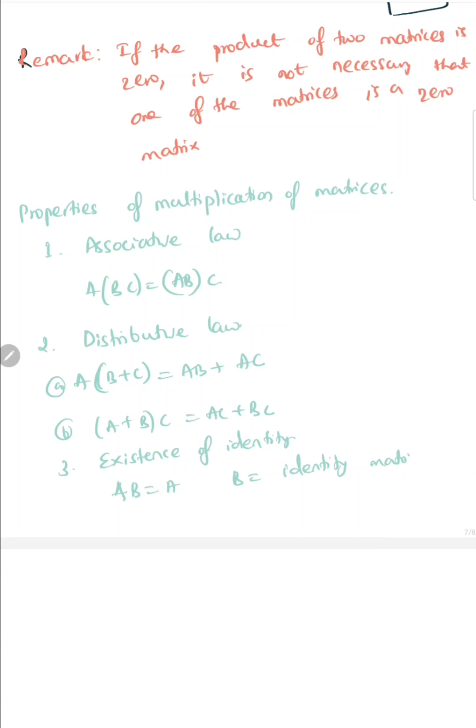As we have seen, I is a matrix such that the product doesn't alter the original matrix entries, therefore A into I is equal to A. This I is called the identity matrix with respect to multiplication of matrices. The identity matrix of order n is given by 1 0 0 0, 0 1 0 0, up to 0 0 0 1. So this is a diagonal matrix, where all the diagonal entries are equal to 1. So these are some properties of multiplication of matrices.